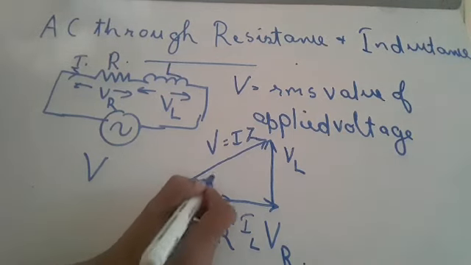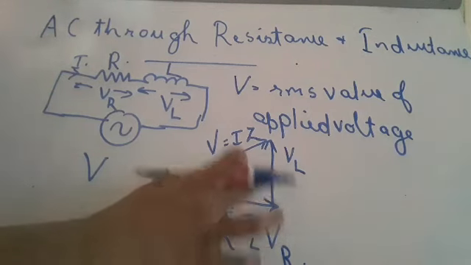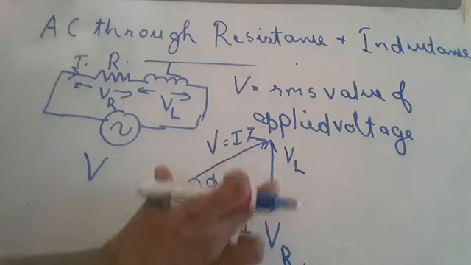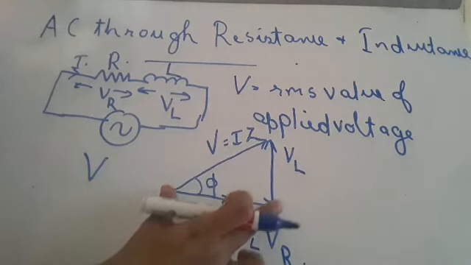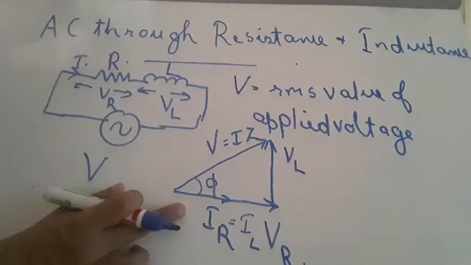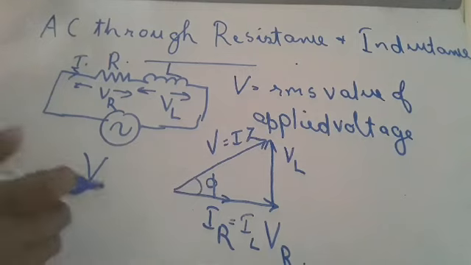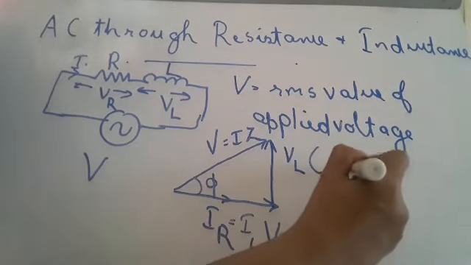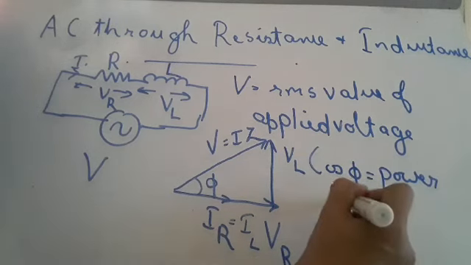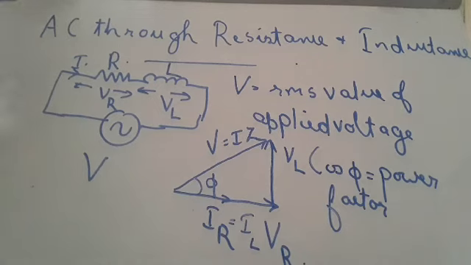I am taking this angle as phi, which is the angle between total current and total voltage. This is the same as the current as well as the voltage across the resistor, so this can be taken as total current. The angle between total current and total voltage is phi, and cos of that angle is known as the power factor of the circuit.